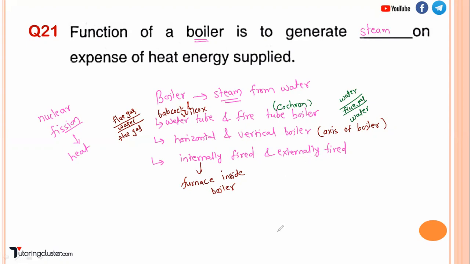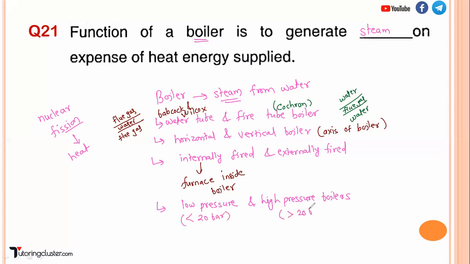One more way of classifying is high pressure and low pressure boilers. This is based on the pressure of steam produced. If it is less than 20 bar, it is considered a low pressure boiler.